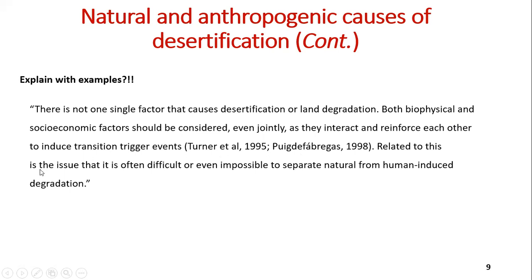Related to this is the issue that it is often difficult or even impossible to separate natural from human-induced degradation. Now, think about this statement and think about how natural and anthropogenic causes are interrelated. Think about it for a minute, pause the video, and I will explain to you.